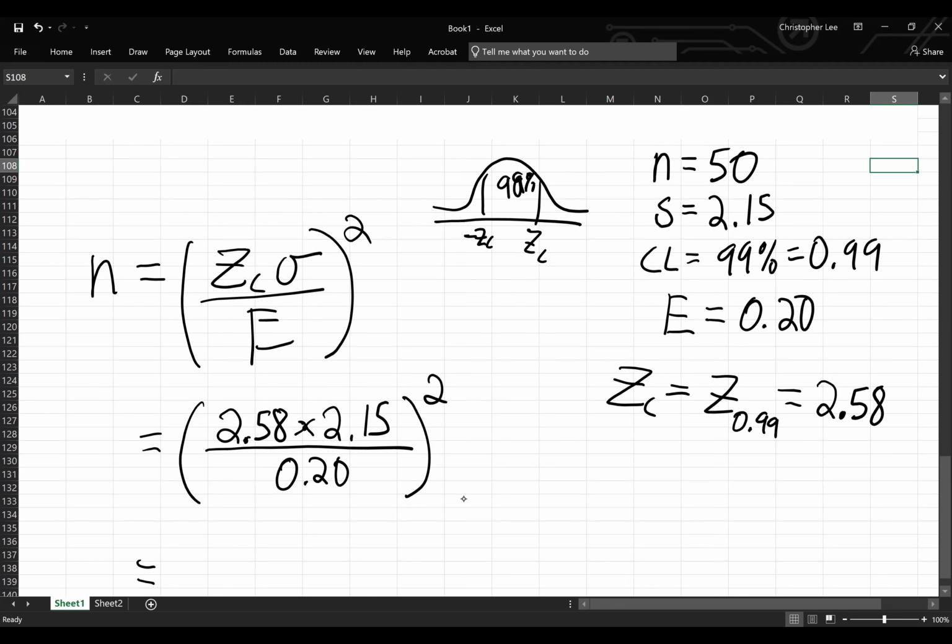If it was like say you're looking up a question that's in like another textbook or something, right? They might give you a confidence level that's not on that sheet. Say like 98%, which is not there, right? Like 65, right? But you know how to find that, right?